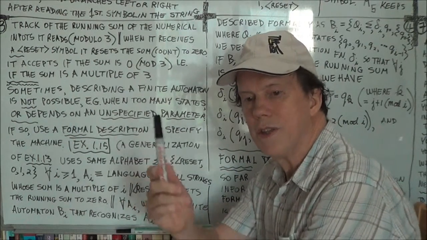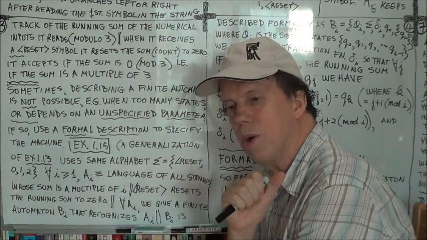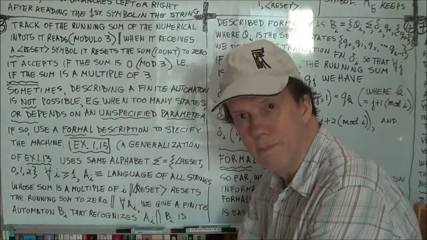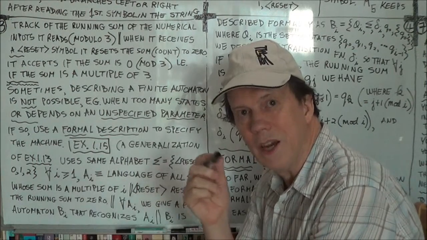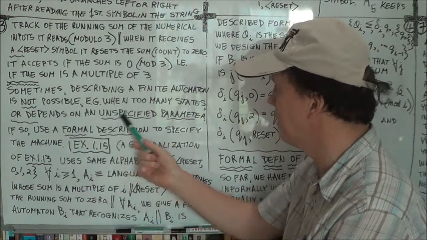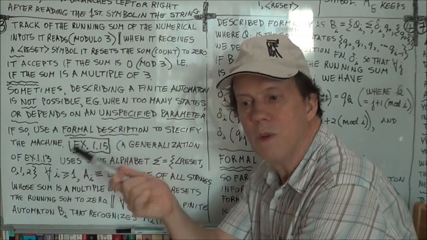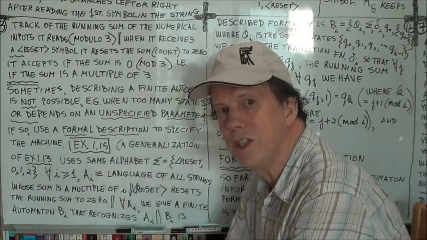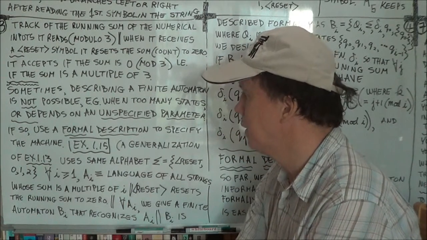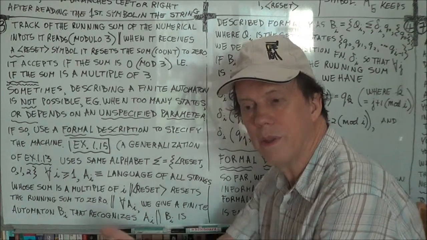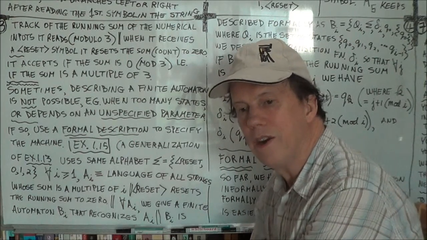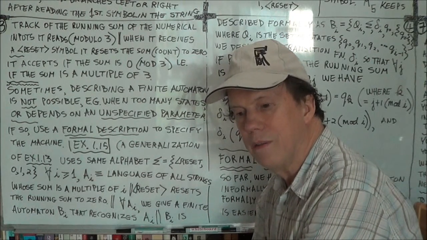And the generalization is that it's not mod 3, that was a concrete case, it's mod I, like as in I, J, K, where I is not specified. So it could be any positive integer, right? So how would you go about specifying, describing an automaton that is a kind of running counter mod I?